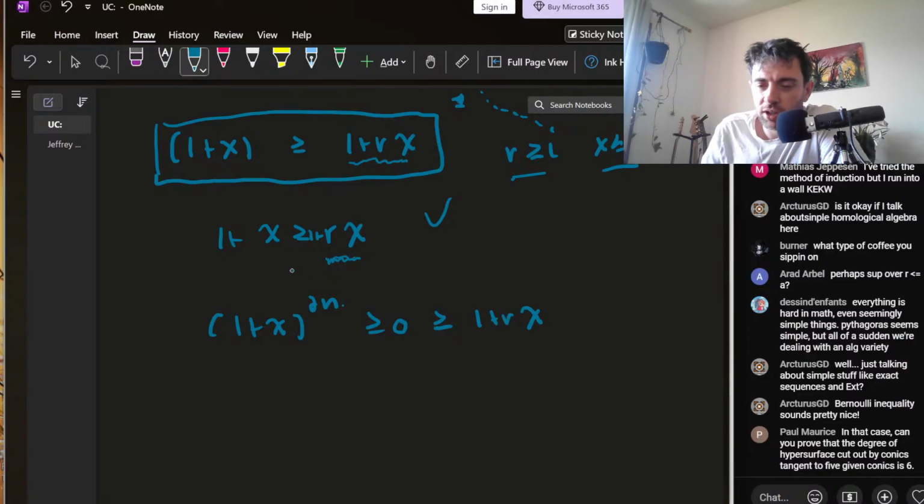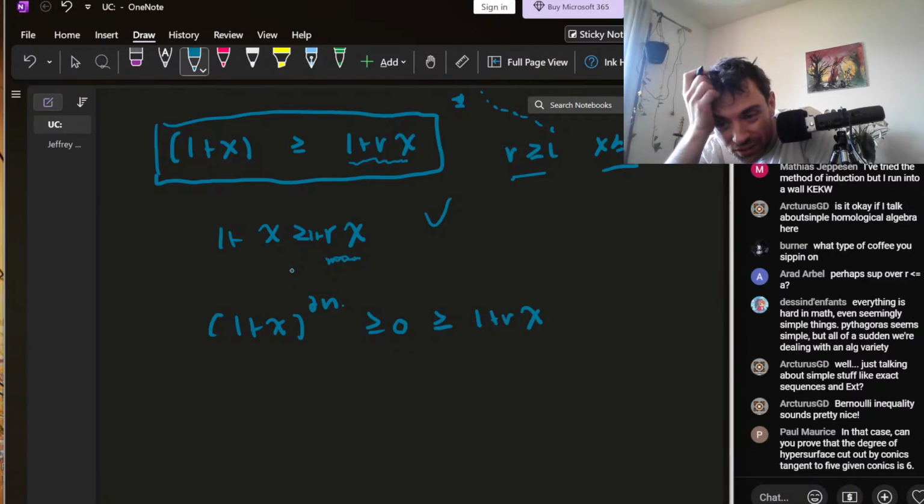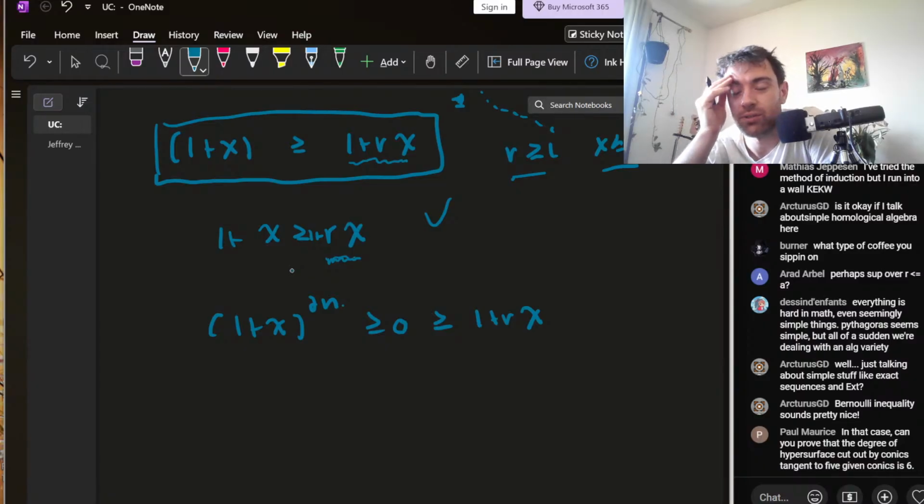Paul Maurice, I said I knew about the 3264 problem. I didn't say that I can use the machinery well and competently. Can I prove the degree of a hypersurface cut out by conics tangent to 5 given conics is 6? No, I can't. Not off the top of my head. Maybe this is one to put in the notes.